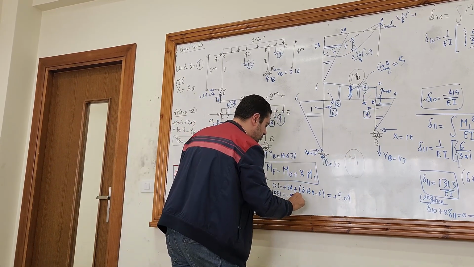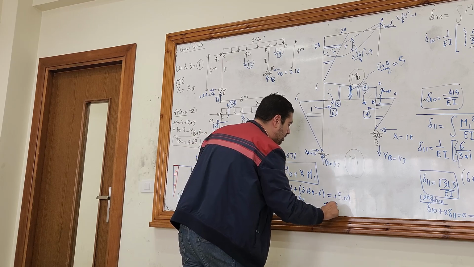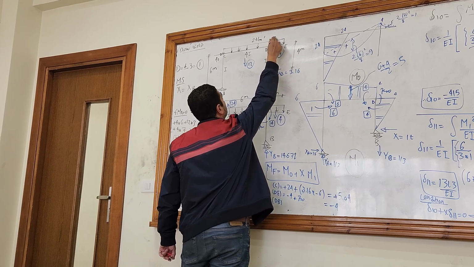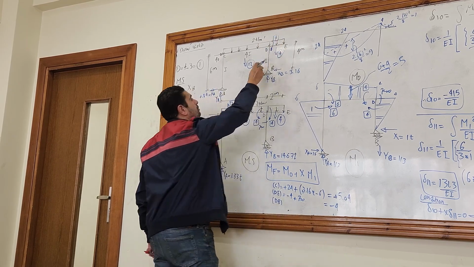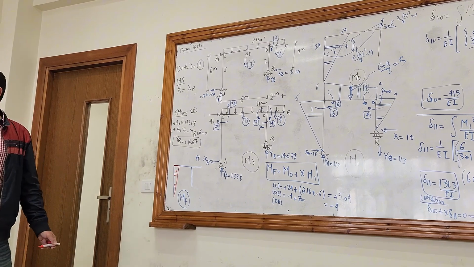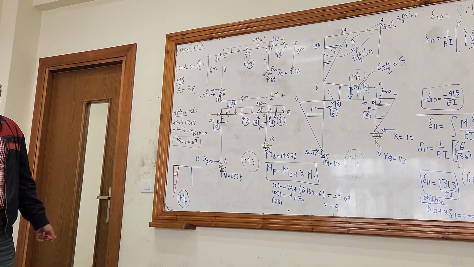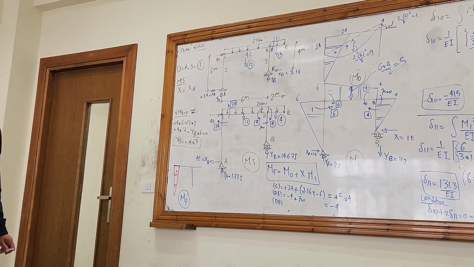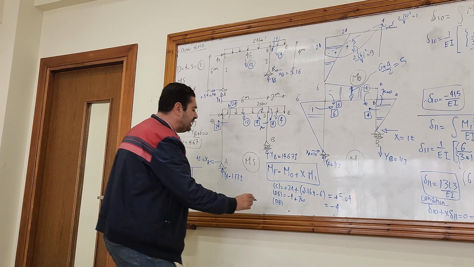So plus 0. Yes, I know the final moment at the cantilever, I knew it. It's 4. From the beginning. The unknown reactions are not included in this joint. So I know from the beginning that it's called a determinate part, the DE, right? So it's negative 4.